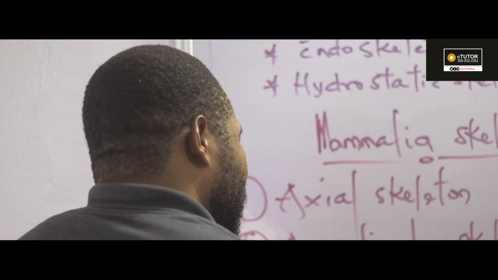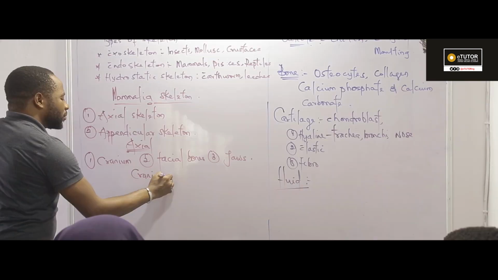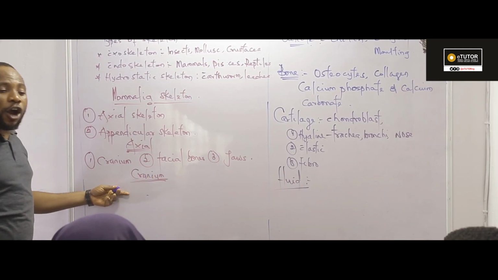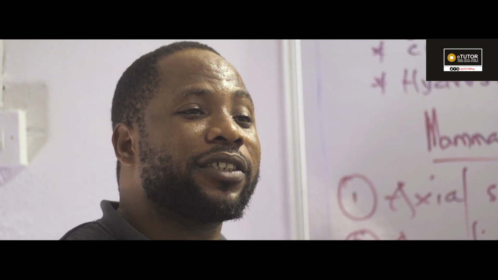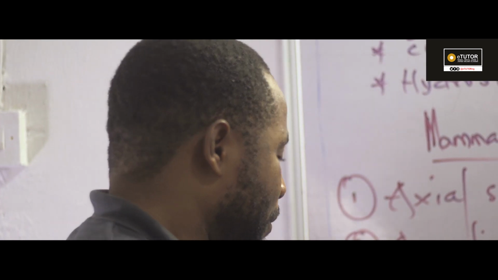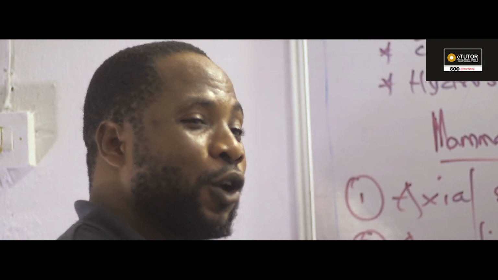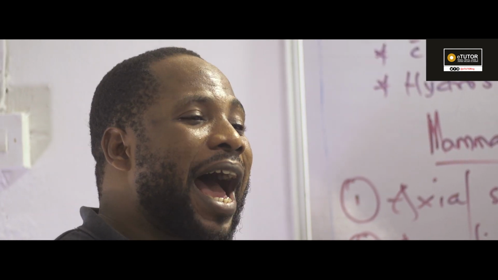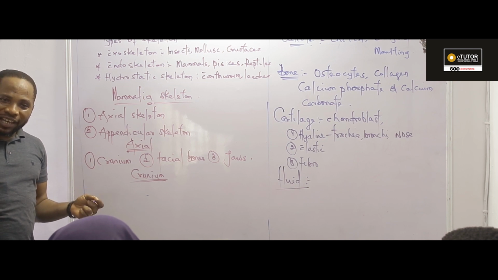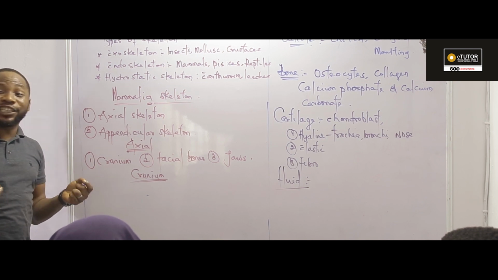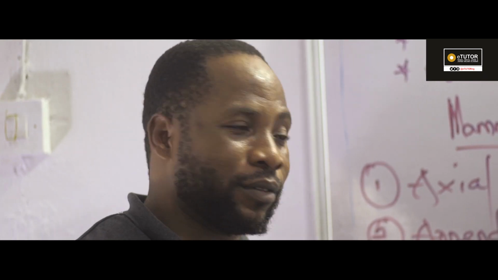Cranium. This is also called brain box, and it consists of flat bones which are joined together by saw-like edges called suture.